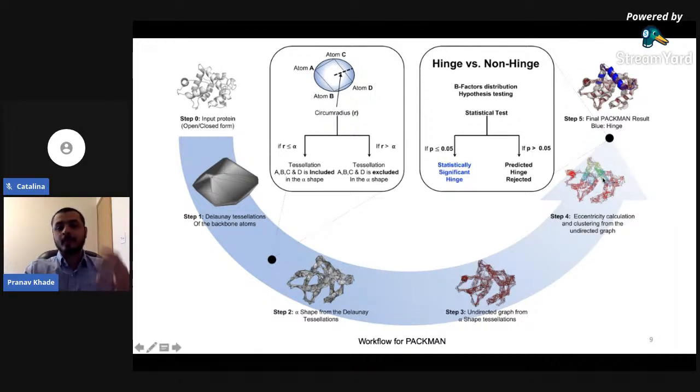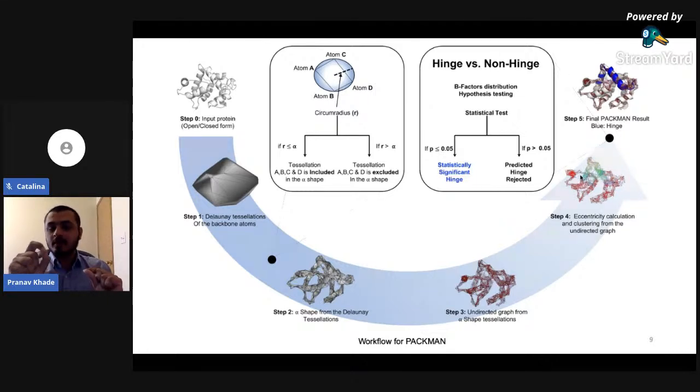Now, these are just geometrically obtained hinges. We want to confirm if they make sense in terms of dynamics. For that, we use a property obtained from the crystal structure, which is the B factor, often called the Debye-Waller factor or temperature factor. For those of you who don't know what it is, it can be seen as the standard deviation of the displacement of a particular atom from its mean position.